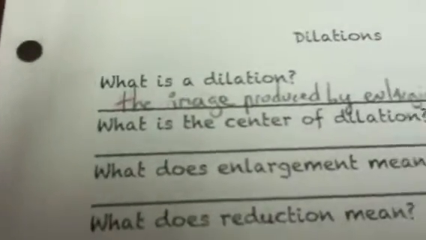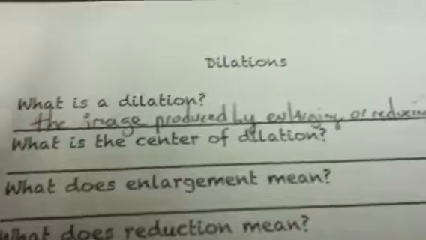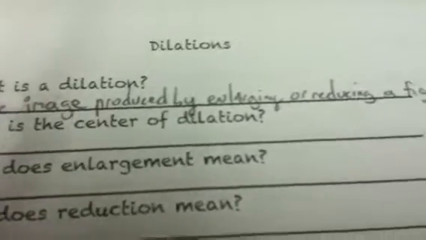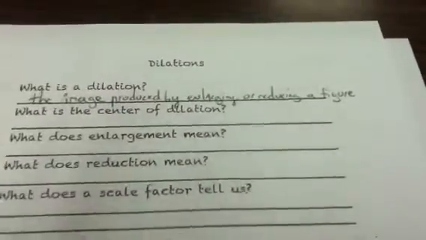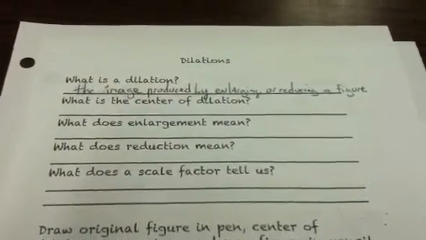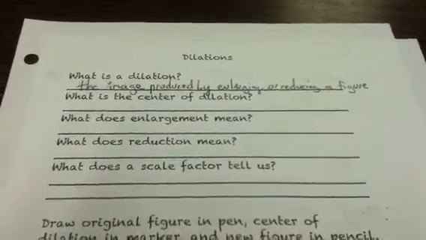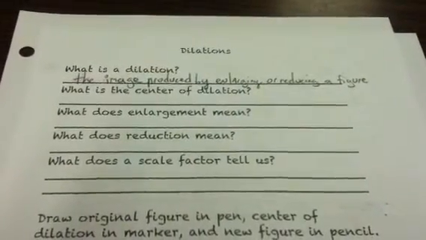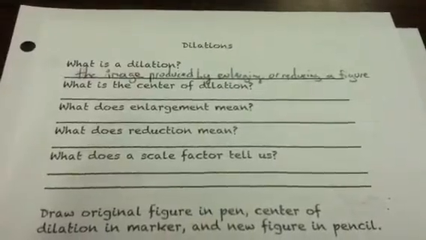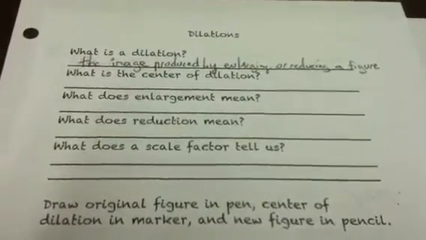So what is a dilation? A dilation is the image produced by enlarging or reducing a figure. Just like when you get light in your eyes, they dilate and make them all small.